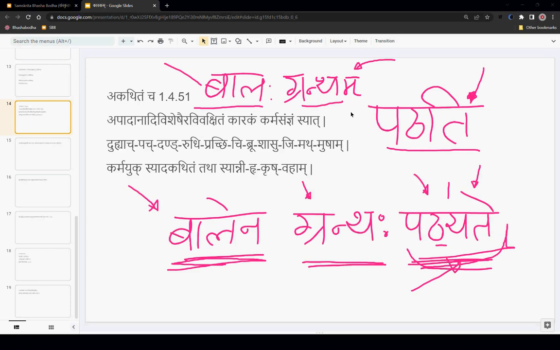Karmani dvitiya iti sutrena. Because it is not abhihita. Karmatva is not abhihita here. It is anabhihita. So then we have to bring karmani dvitiya. Otherwise, pratipadikārthalinga parimana vachana matre prathama. Similarly, here too, karma is indicated by another word.